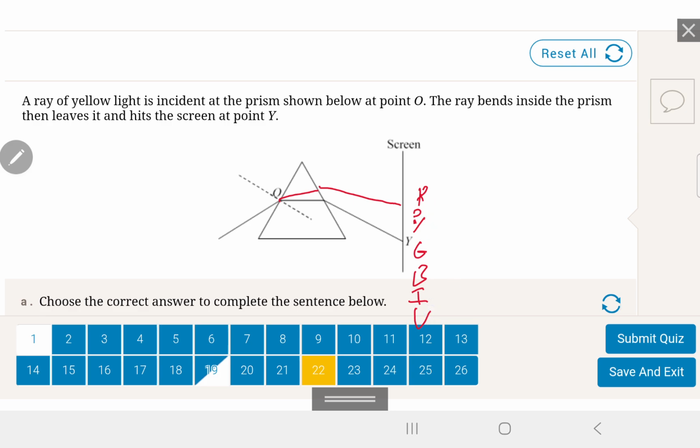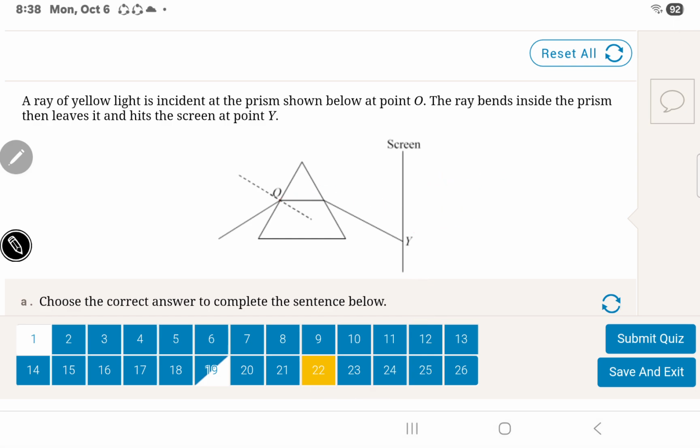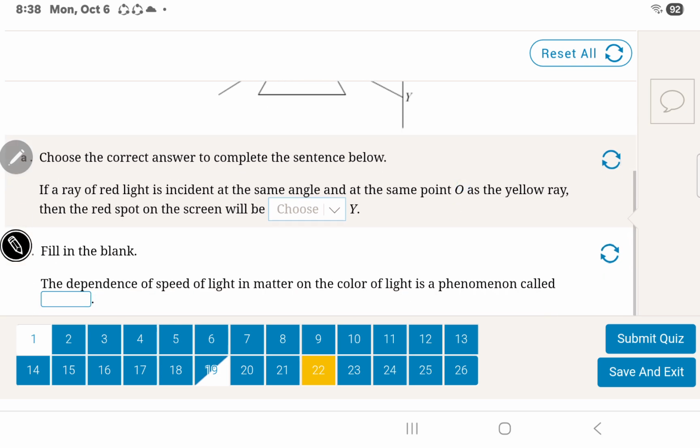Here you can easily notice that red must be above yellow. So here we have to choose above. If red instead of yellow, it will be above. The dependence of the speed of light in matter on the color of light is a phenomenon called dispersion. So here we write dispersion.